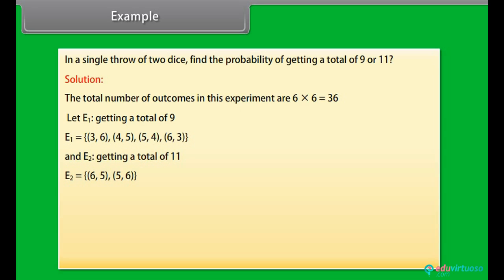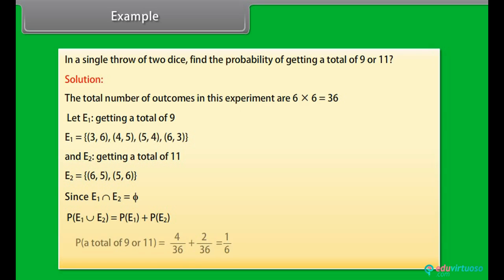E2 is equal to (6,5), (5,6). Since E1 intersection E2 is equal to phi, P(E1 union E2) is equal to P(E1) plus P(E2). P of a total of 9 or 11 is equal to 4 by 36 plus 2 by 36 is equal to 1 by 6.